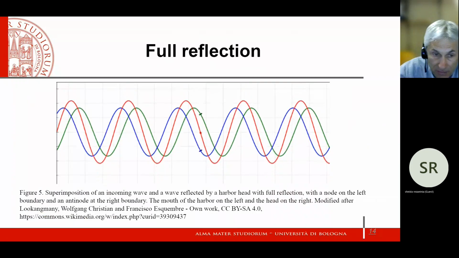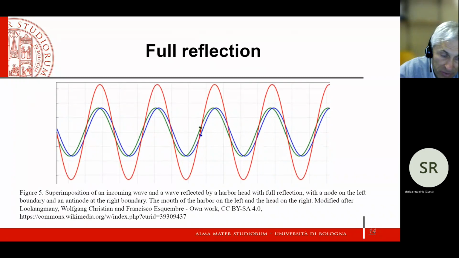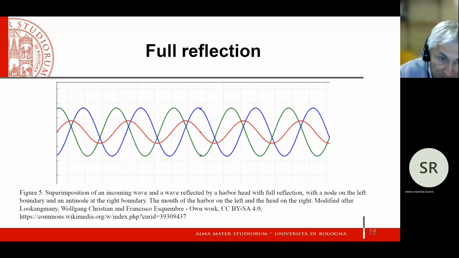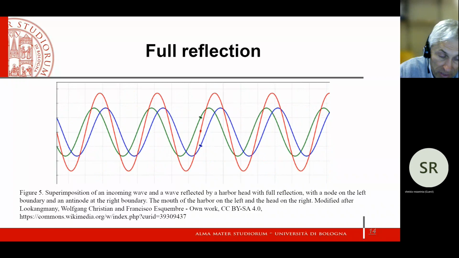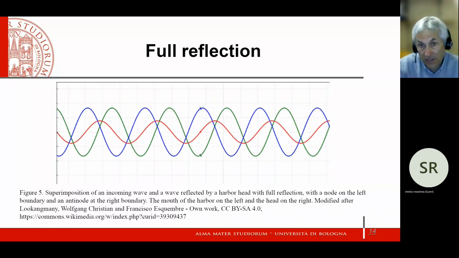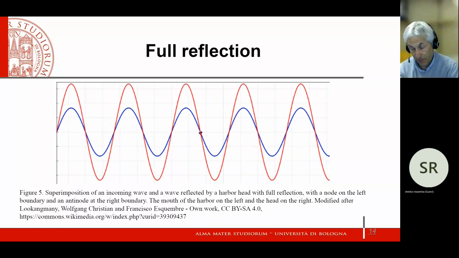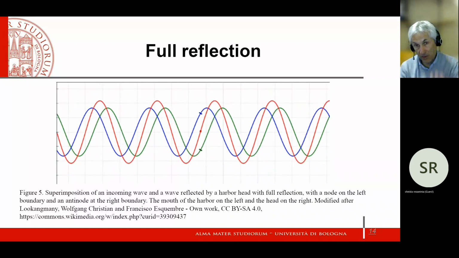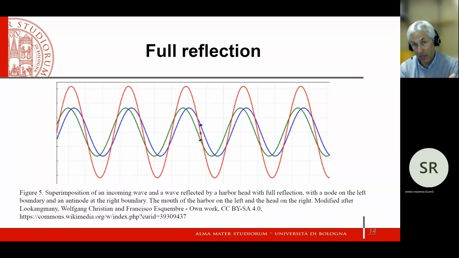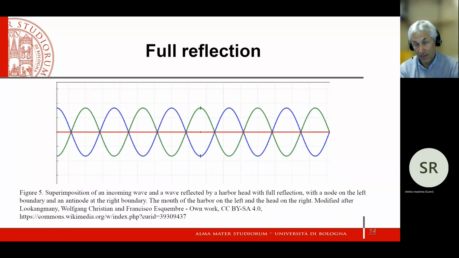Now, the problem may be that if the forcing continues, and therefore from the ocean we still have an incoming wave, then the standing wave and the incoming wave superimpose again.